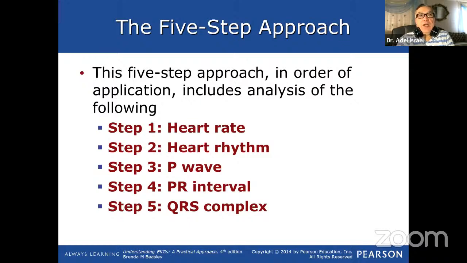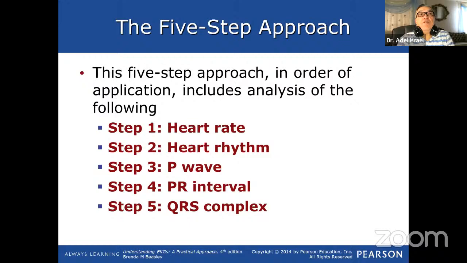First step, heart rate. If I ask you, what is heart rate? Like the pulse. We mentioned that the normal heart rate ranges between 60 up to 100 beats per minute. So this is the first item. If we find any variation, it will be added to this description. If the heart rate ranges between 60 up to 100, this will be normal heart rate.